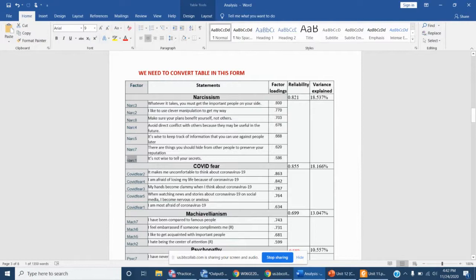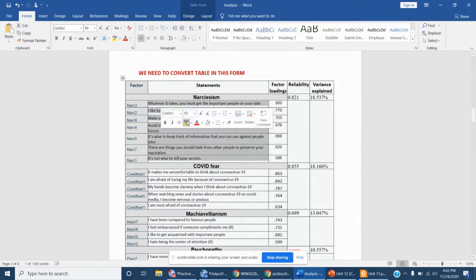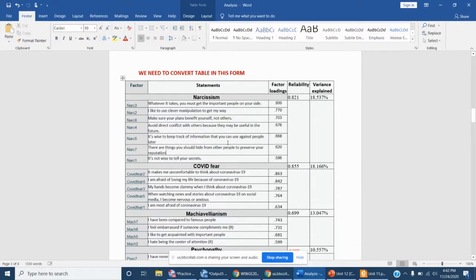And the last question, narcissism 1, is the least important question because its weight is 0.586. I will not be taking a simple average, because a simple average assumes that all the questions are equally important, which is not the case. So I will take a weighted average, and this question will be given more weightage as compared to the questions which have lesser weightage.